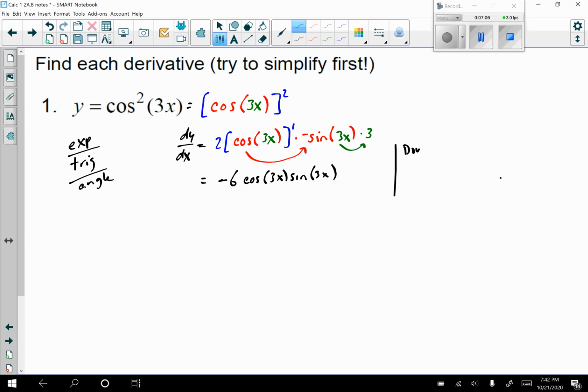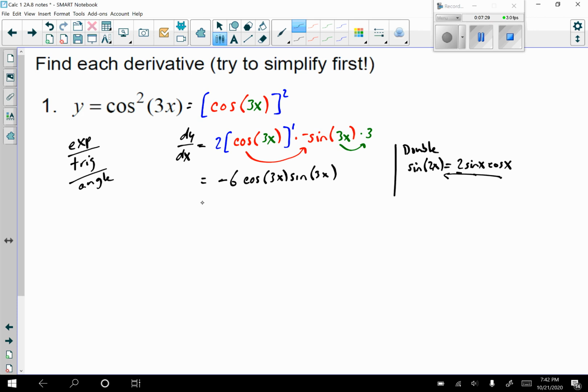So a double angle formula has sine and cosine multiplied. Sine of 2x is 2 sine x times cosine x. Well, that means if you see a sine times a cosine, you can go backwards and make it sine of 2x, as long as you take a coefficient of 2 with it.